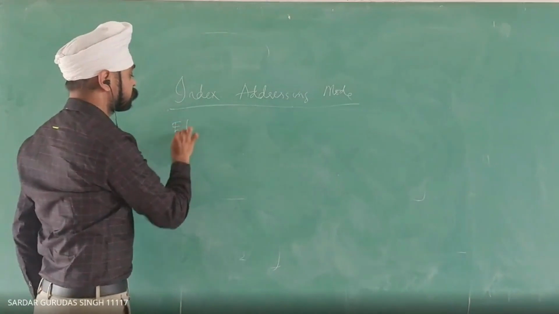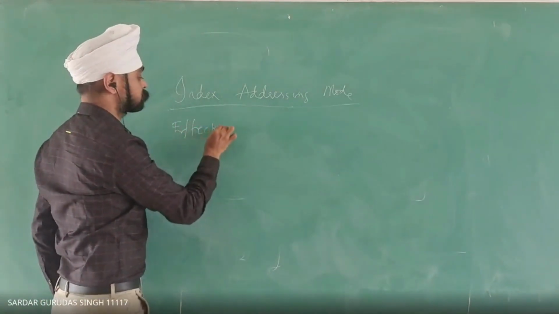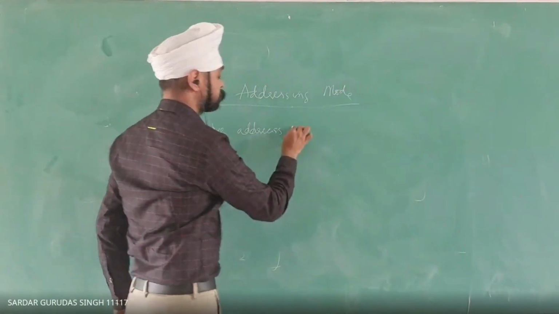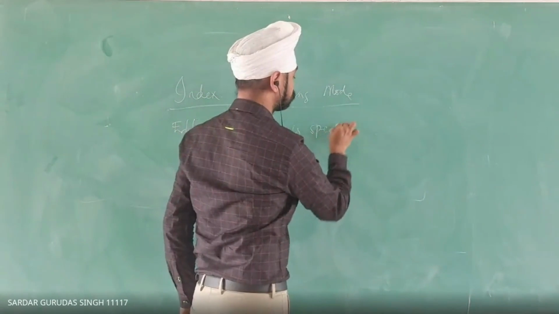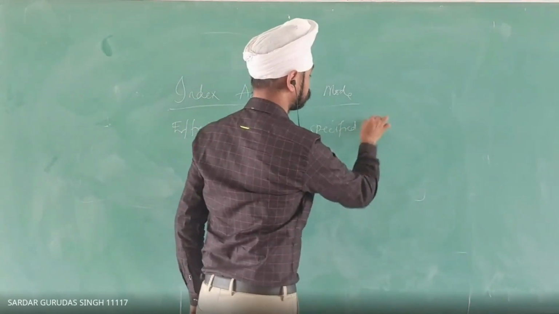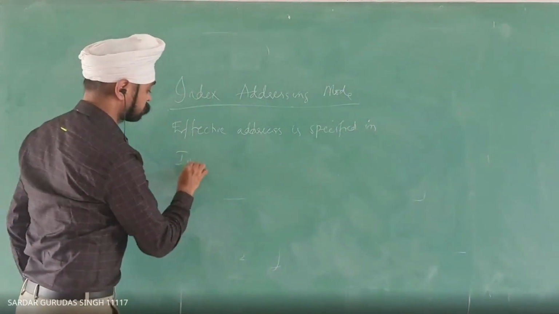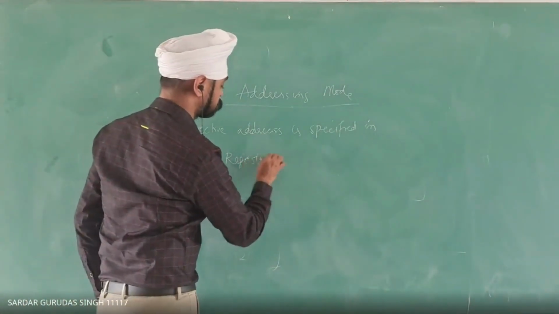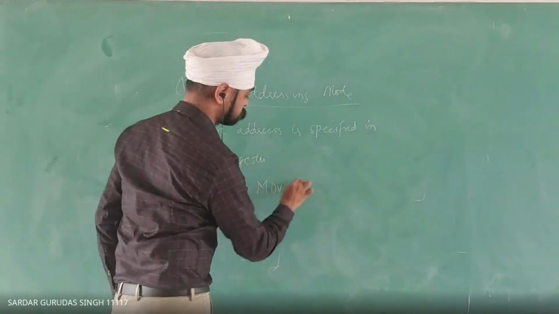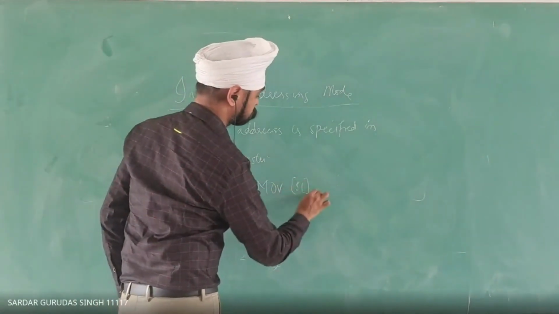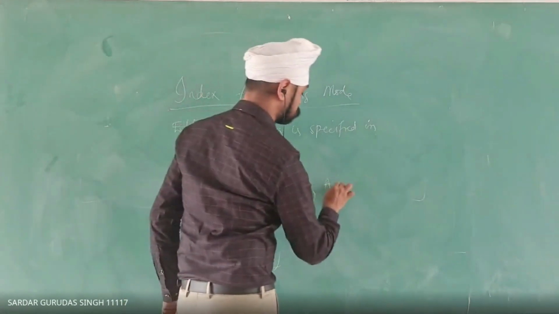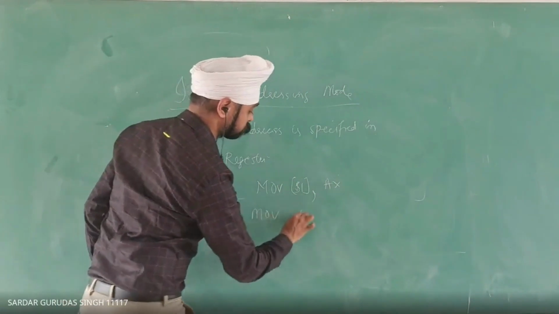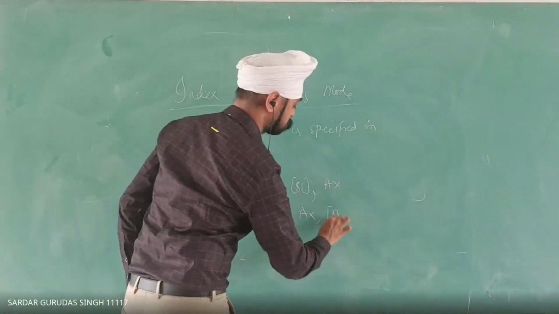In the sense, the effective address is specified in an index register, such as move SI, comma AX, or move AX, comma DI.